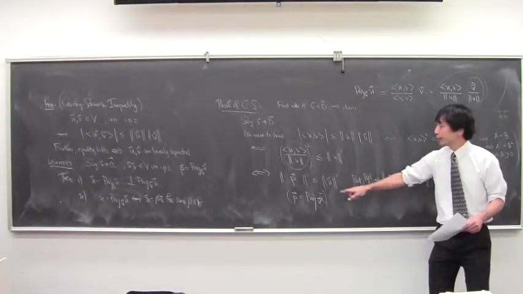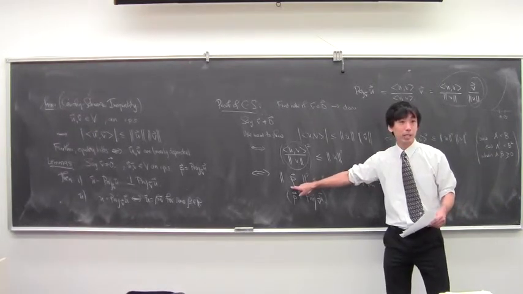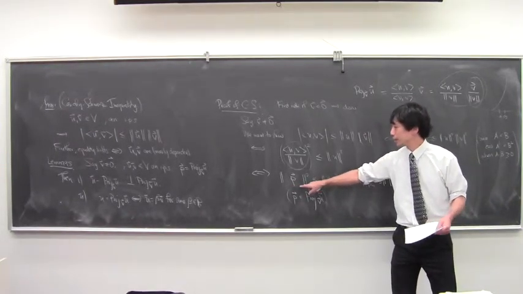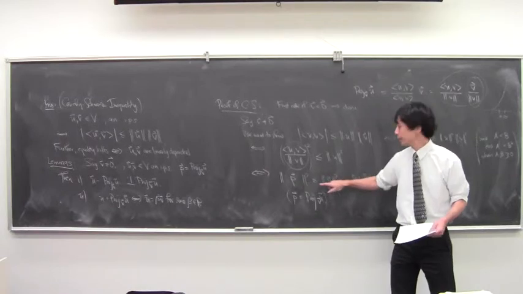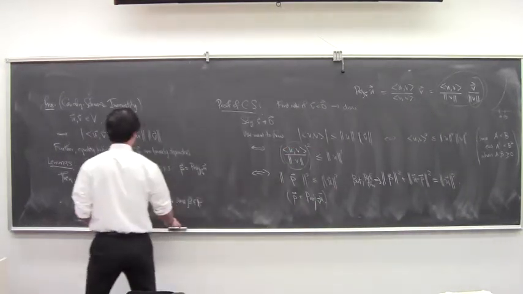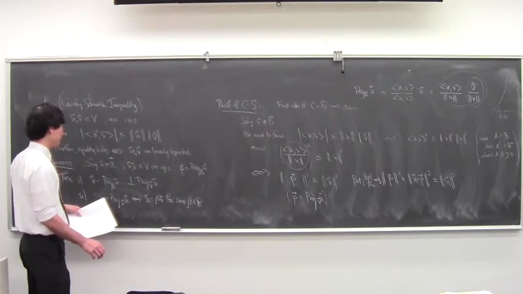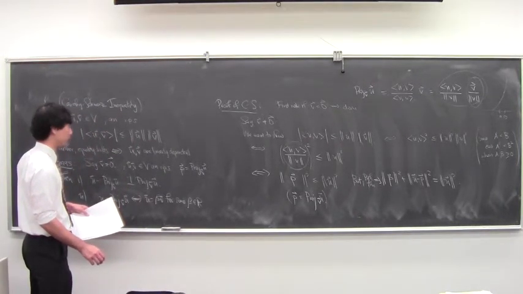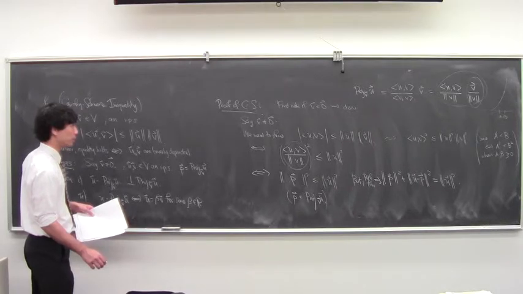Okay, so we're trying to show that the norm of the projection squared is smaller than the norm of the thing it's projected from, squared.